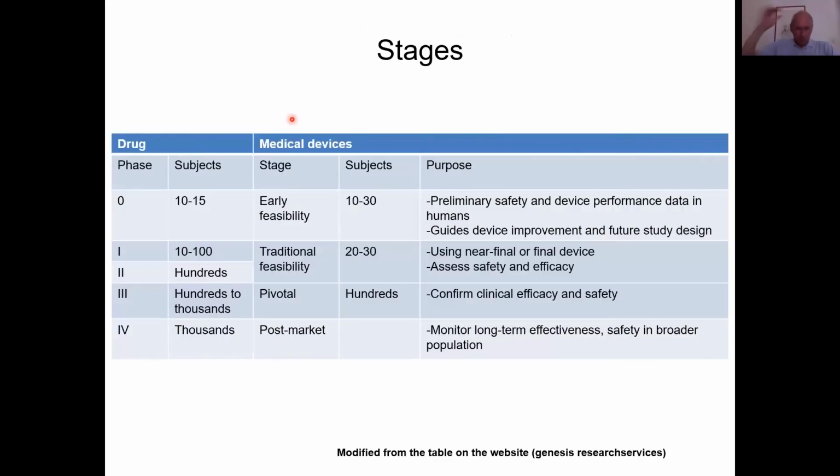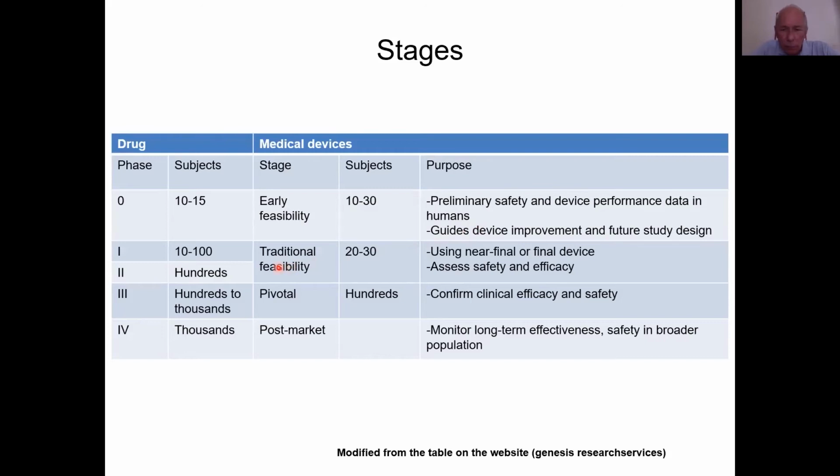We can categorize medical device trials like drug trial phases. The first stage is the early feasibility study with 10 to 30 subjects. The purpose is to get human data for preliminary safety and device performance. This study can guide device improvement and future study design.